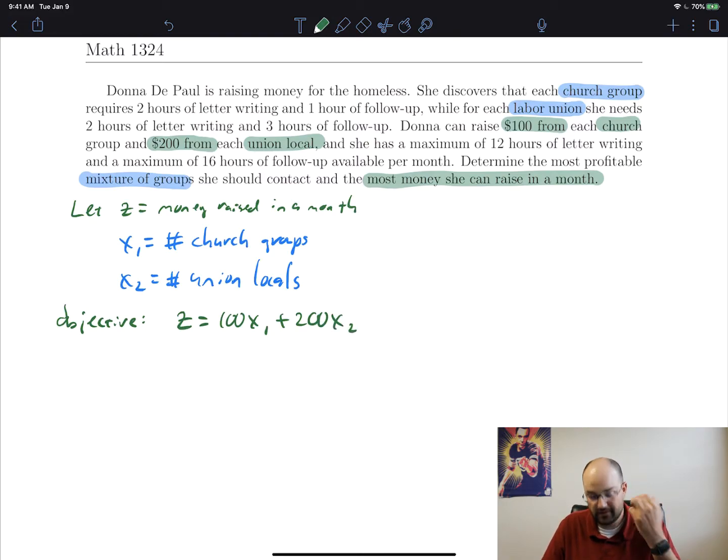Good. That's our objective. We also have the constraints that x1 and x2 must both be greater than or equal to 0, because there's no such thing as an anti-church group or an anti-union local.